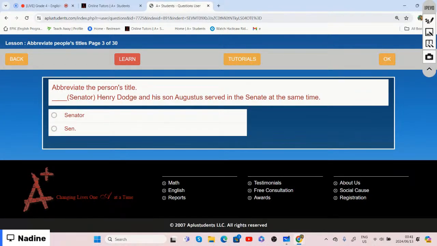Senator Henry Dodge and his son Augustus served in the Senate at the same time. So, senator, how do we abbreviate the word senator?